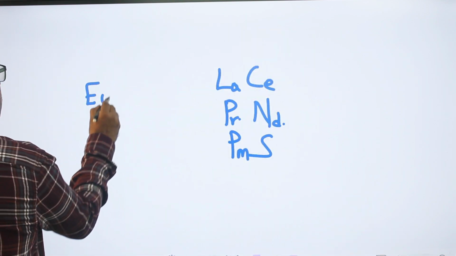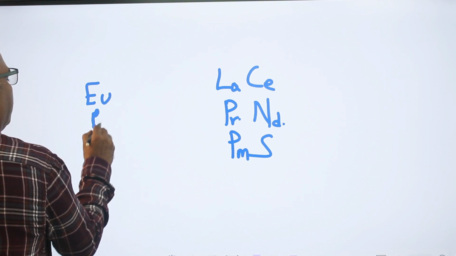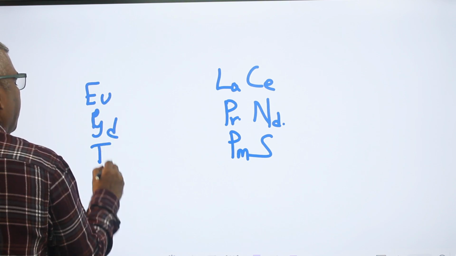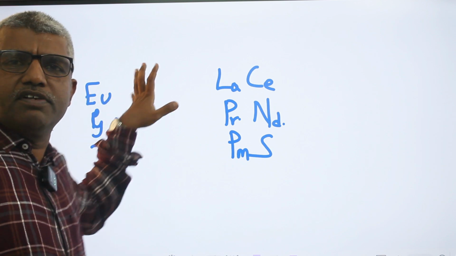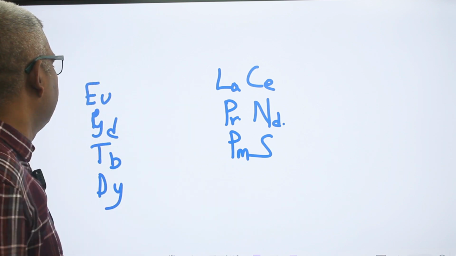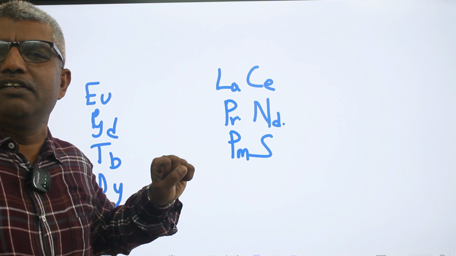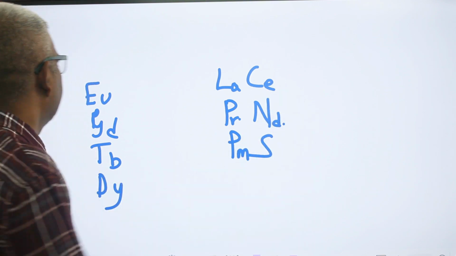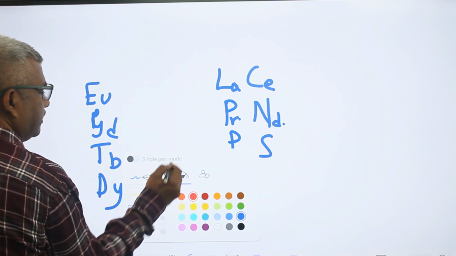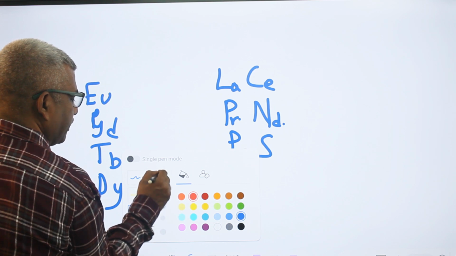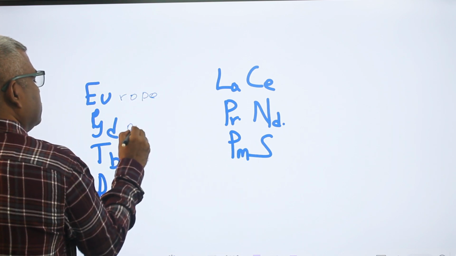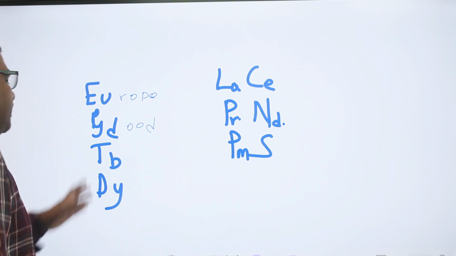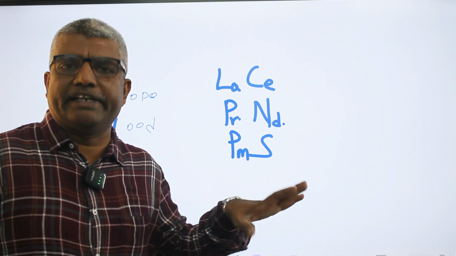I have made a universal name link: Europe goods are terrific and dynamic. TB is terrific and dynamic.